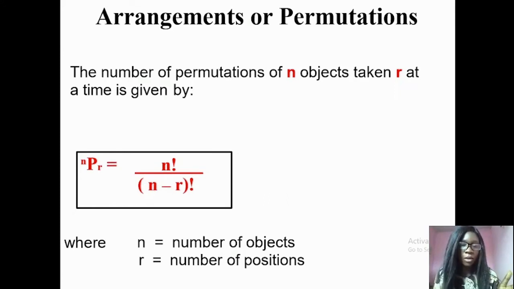So when you have a factorial represented in this symbol, this n is the number of objects and r is the position. So maybe you have to look for 5 permutation 2. That's the way we call it. The other one we say 3 factorial. So now this permutation is just arrangement of numbers. Okay, maybe you're asked to arrange A, B, C. How many ways can you arrange ABC?